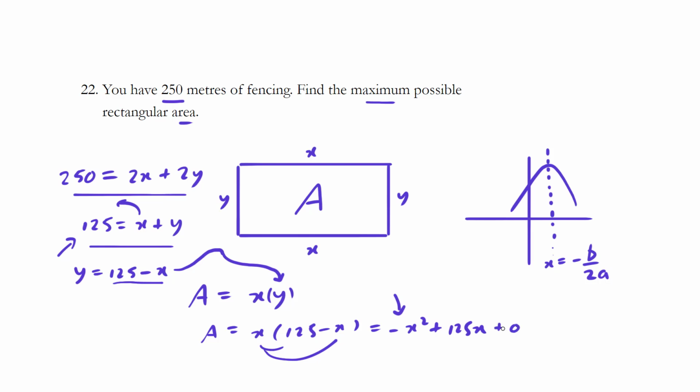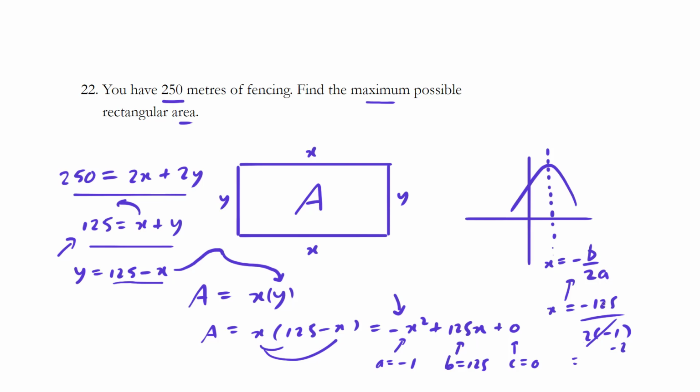So here, the a value is equal to negative 1. The b value is equal to 125. And the c value equals 0. So let's use the vertex formula, also known as the equation of the line of symmetry. x is equal to negative b, negative 125, over 2 times a, which is negative 1. 2 times negative 1 happens to be negative 2. 2 negatives make a positive.